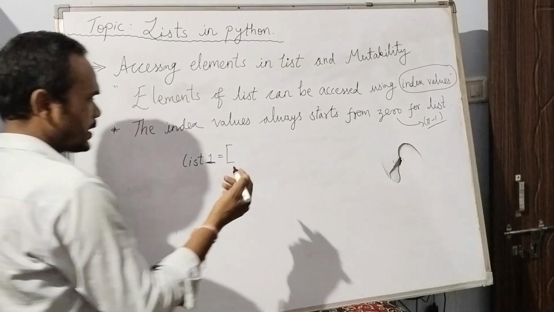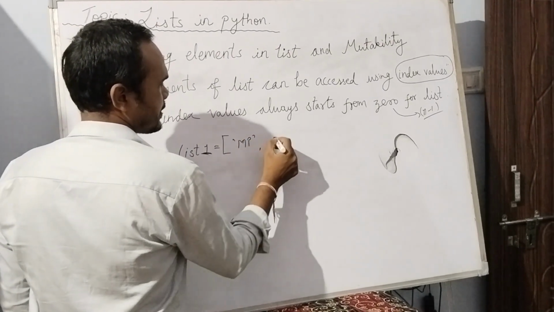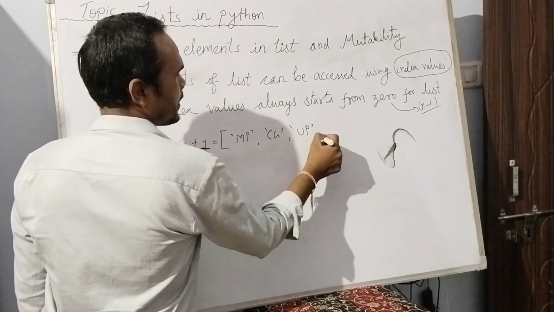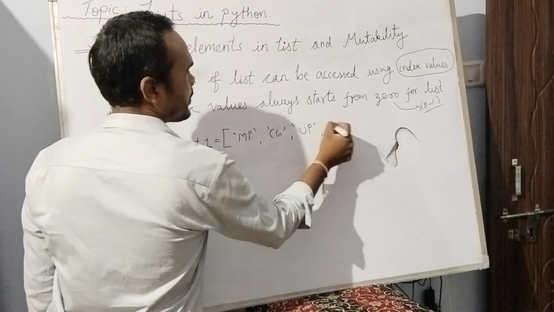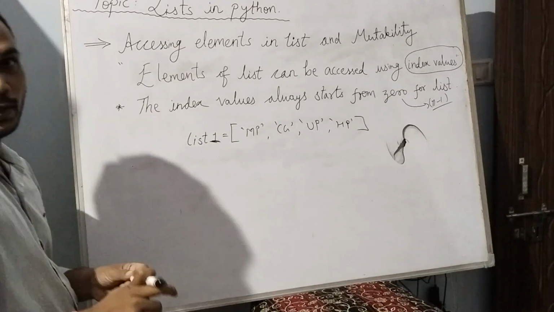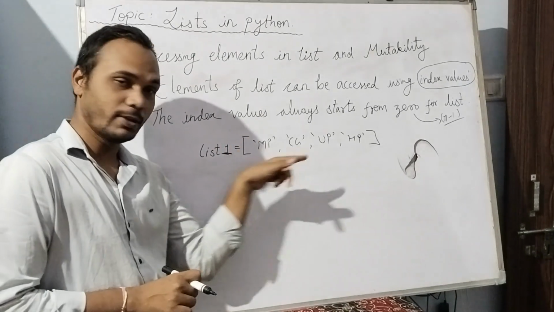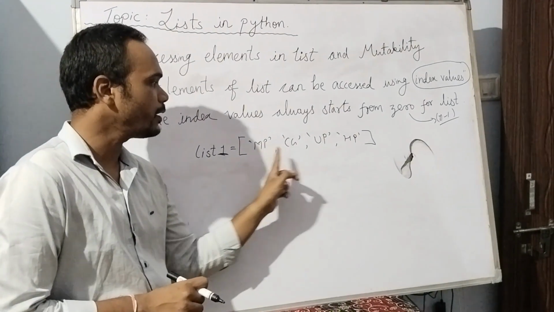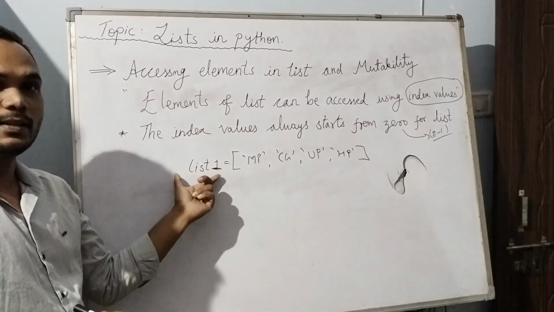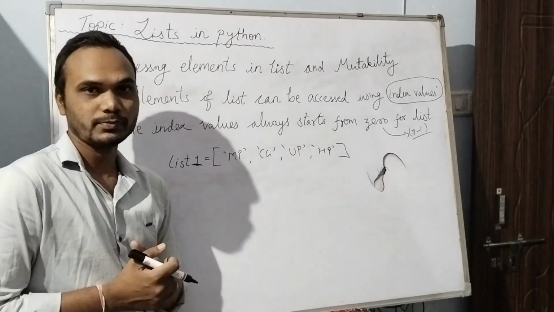Say here you are passing some values: MP, CG, UP, HP. Now, when we talk about the number of elements, it is counted from 1, 2, 3, 4. So list 1 is a list that has 4 elements.